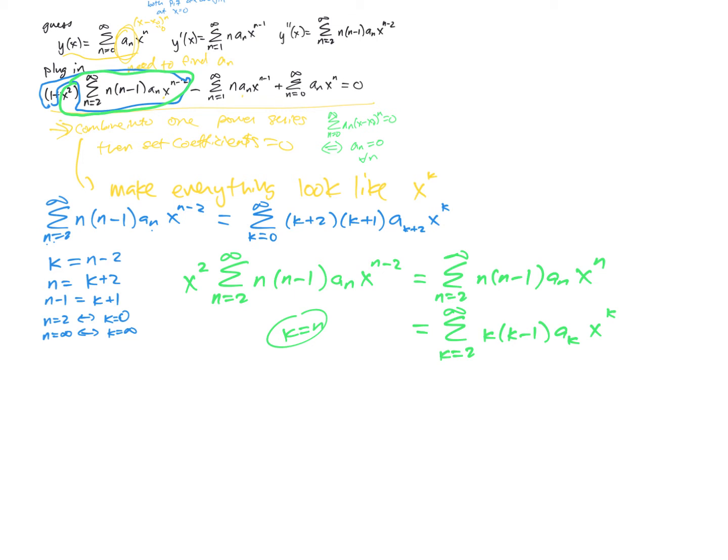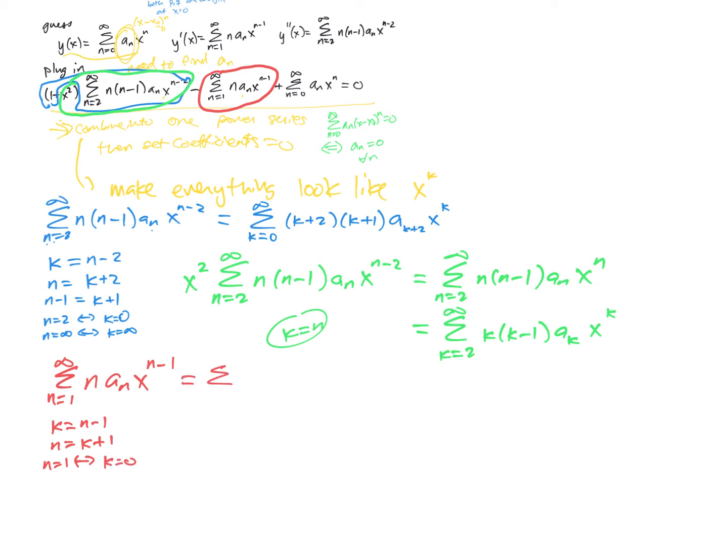All right, let's do this one now. So we have the sum from n equals 1 to infinity of n, a n, x to the n minus 1. It's basically the same thing we did before, but now we're going to set k equal to n minus 1, then n equals k plus 1, and when n equals 1, that corresponds with k equals 0.